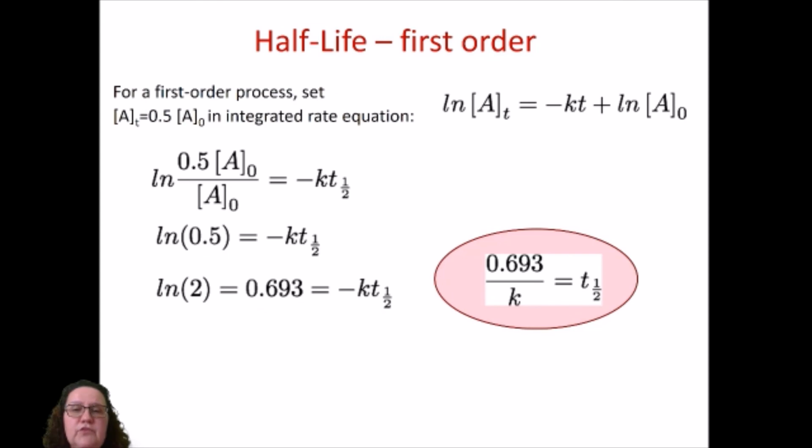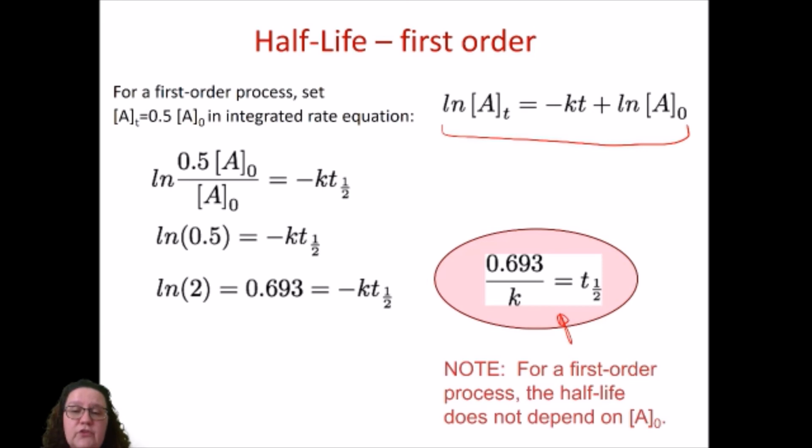So for the first order reaction, we take the integrated rate equation, and we substitute the concentration of A at time t1/2 by 0.5 times the initial concentration, which is the definition of half-life, and that gives us this.